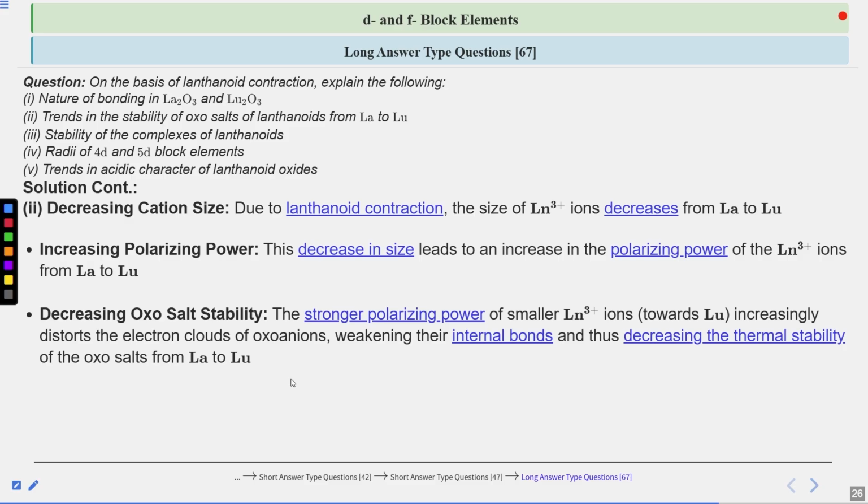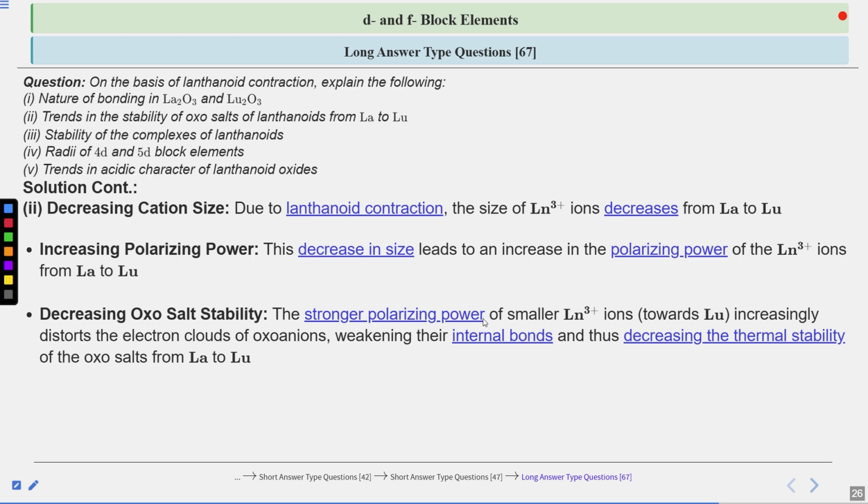Okay, so we are talking about oxo salt stability because in the second point we are discussing the stability of oxo salts of lanthanoids from lanthanum to lutetium. Due to the decrease in size from lanthanoid contraction, polarizing power will increase for the lanthanoid tripositive ions.